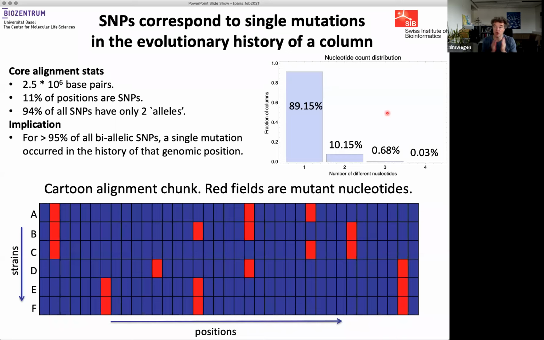That is to say, almost all of the SNPs that we see correspond to single mutation events in the history of that position. That is very helpful, because every time you see a SNP, it gives you basically 1 bit of information about the phylogeny at that position.